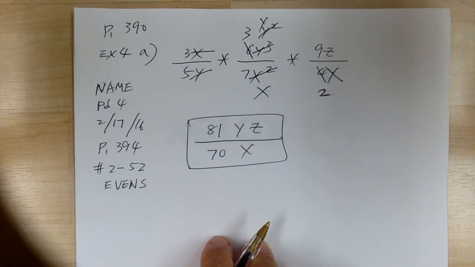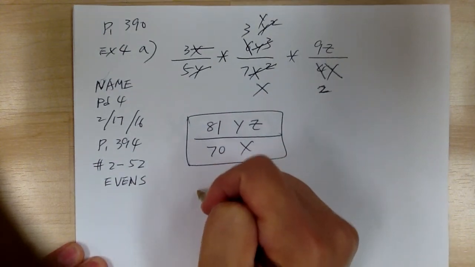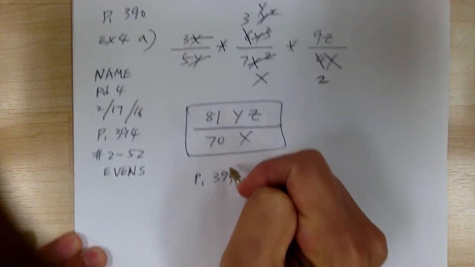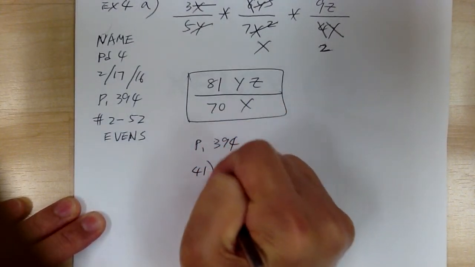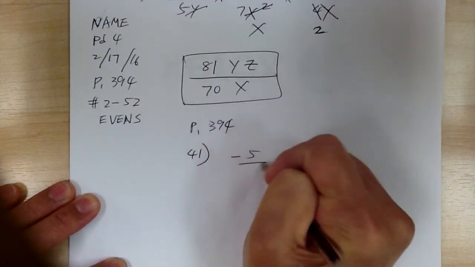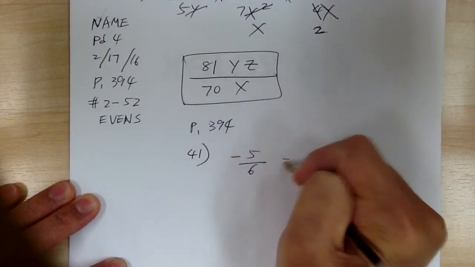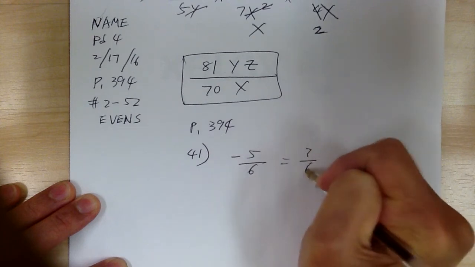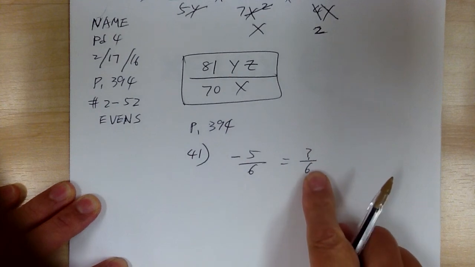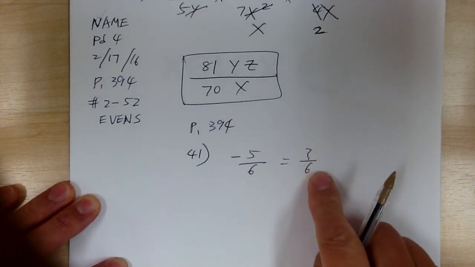Let's go to page 394, and let's look at 41. You're looking for the missing term. So you have negative 5 over 6 equal to question mark over 6. So what you want to do is do the matching. So see the 6, you want to match everything else to cancel out.